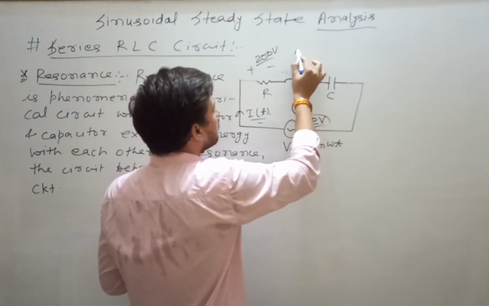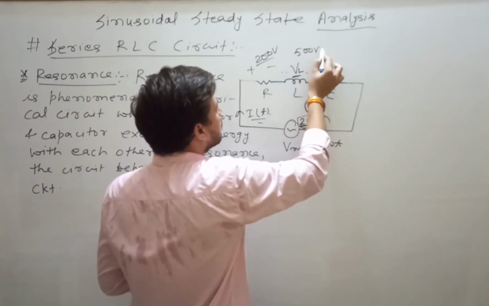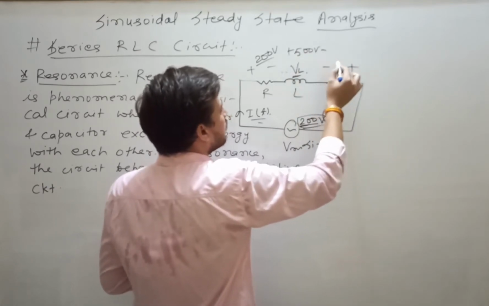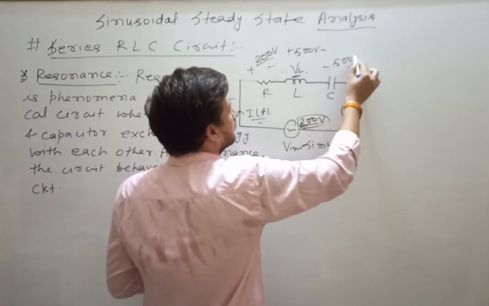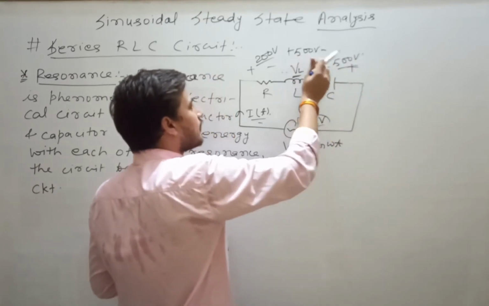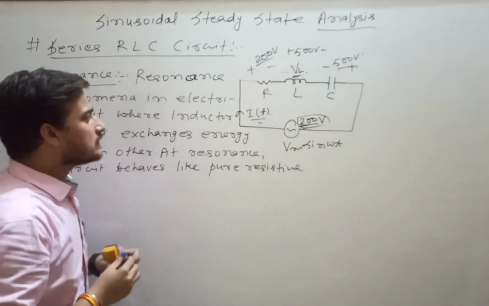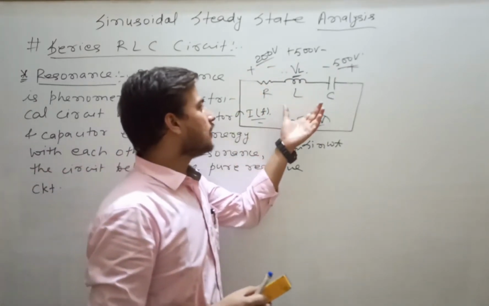Like suppose this will be 500 volt, minus plus, and here 500 volt, and this one is 200. So you will see such a condition in resonance.